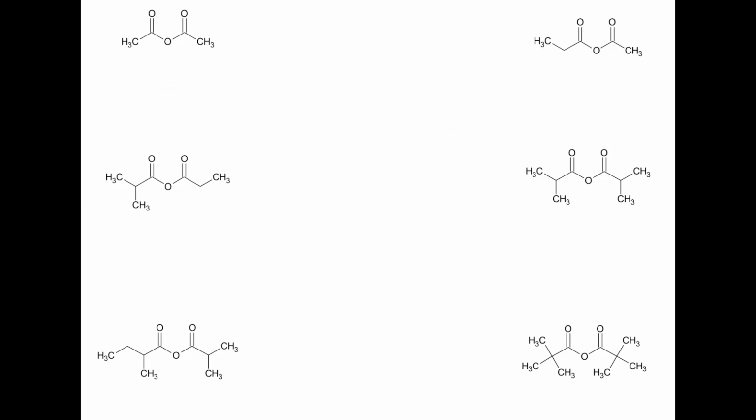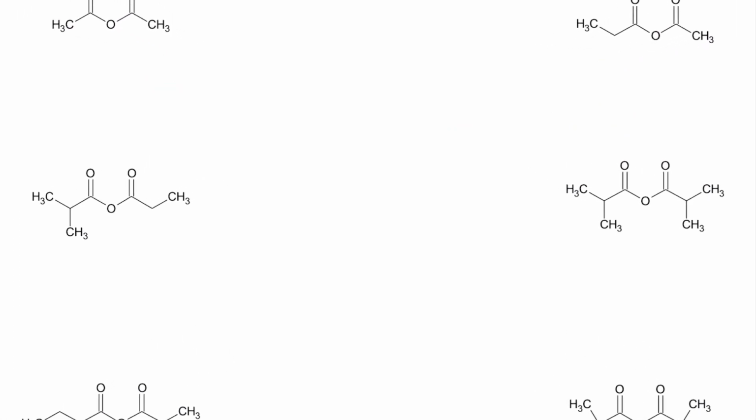Moving on, we've got a compound where we're splitting down the middle here. We can see it's definitely not symmetric. So we'll have to name both sides of the acid, even though the carbon chain length is the same. On one side, 1, 2, 3, so this is a propanoic acid. This is also a propanoic acid, but there's a methyl group on it, so we have to indicate the two of them.